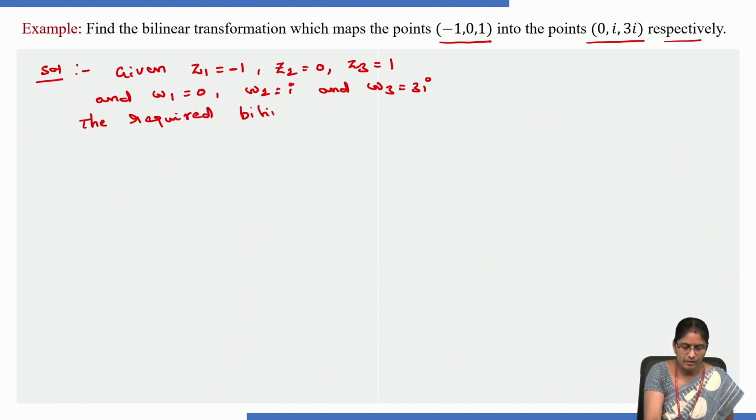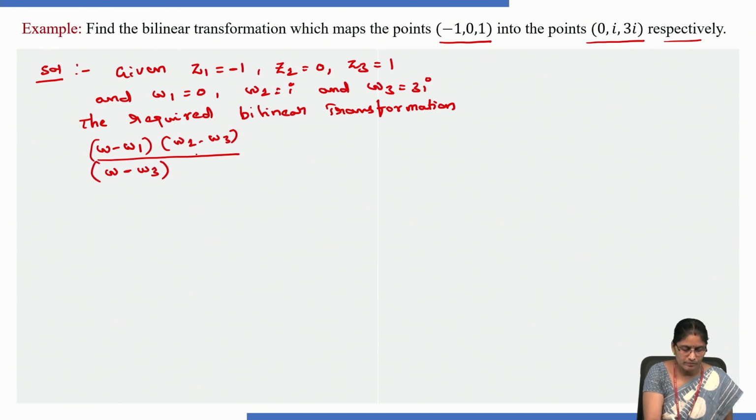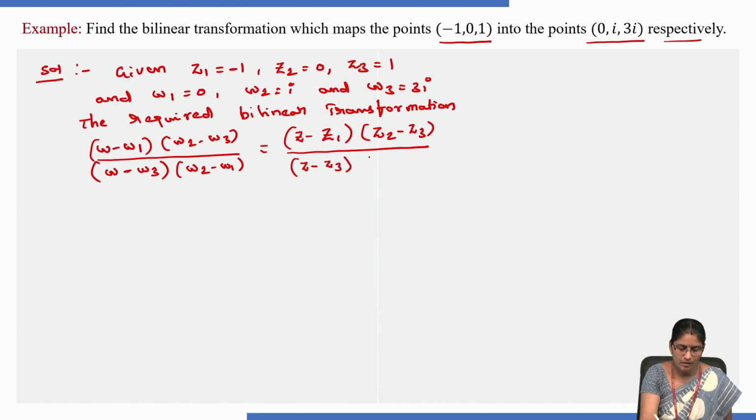The required bilinear transformation formula is (w minus w1)(w2 minus w3) by (w minus w3)(w2 minus w1) is equal to (z minus z1)(z2 minus z3) by (z minus z3)(z2 minus z1).